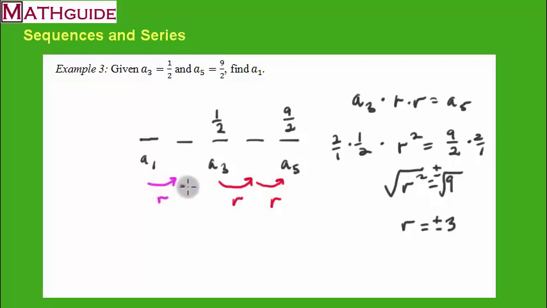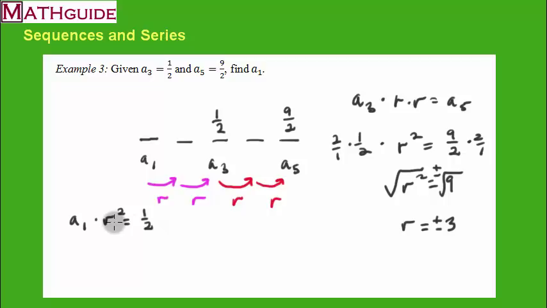I've got to multiply by another r to get to a sub 3. So similar to the first part of this problem, if I take a sub 1 times r squared, we get 1/2.